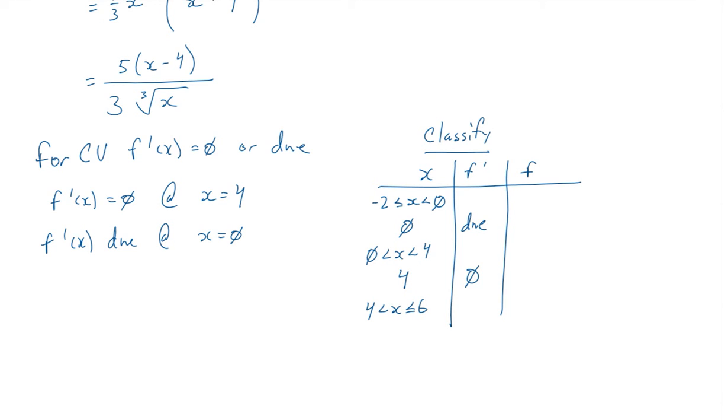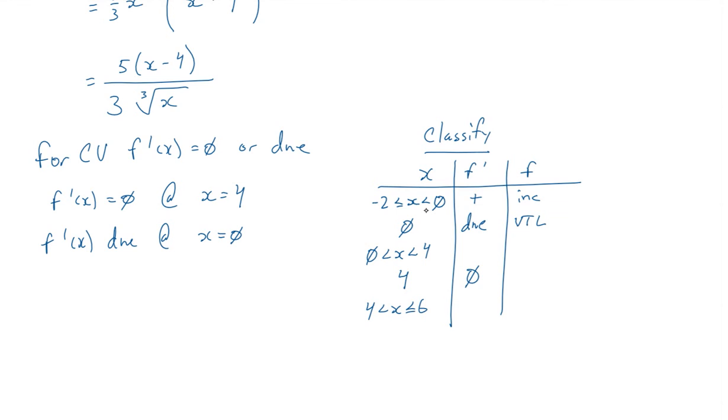Now again, I'm subbing in to the derivative, picking some value in this interval to represent it. So how about -1? Or again, you could use -2 because we are including that value. So -1 gives me negative over a negative. So the derivative is positive and the function is increasing. Then I have a vertical tangent line.